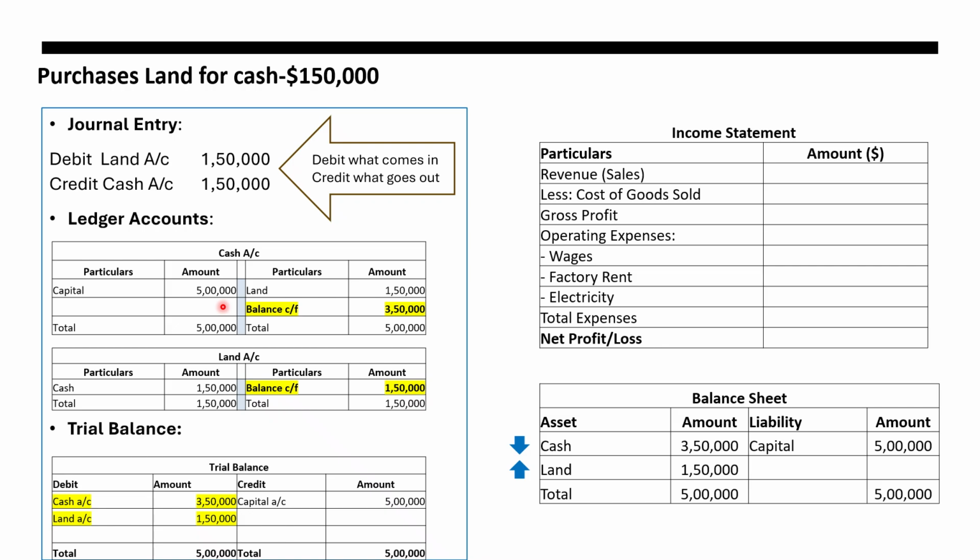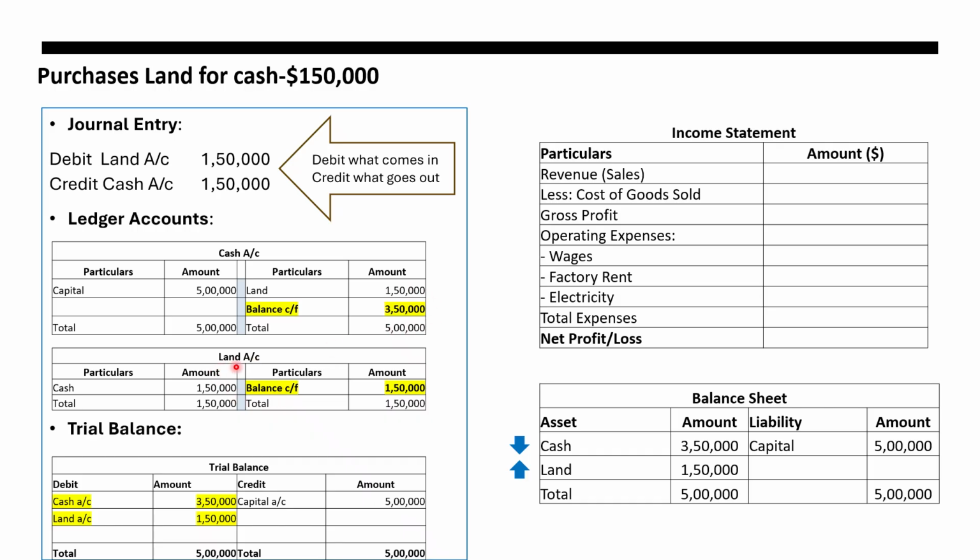Now here cash is going out, so we will enter it on the credit side for purchase of land and the amount is 1,50,000. So now after this transaction, if we need to know the balance in the cash account, it still has a debit balance because debit side is greater than the credit side and the balance is 5 lakhs minus 1,50,000, which is 3,50,000.